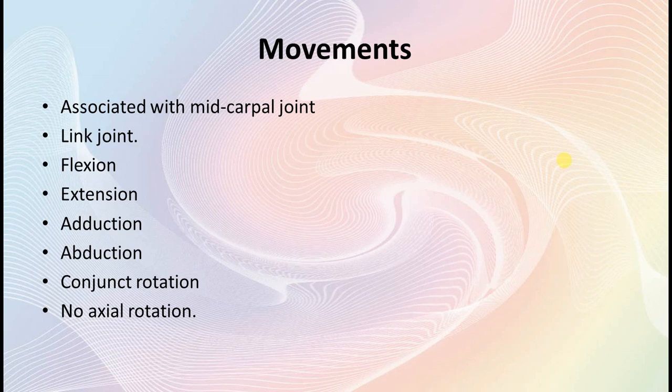It is a combination of conjunct rotation, that is the above movements will produce conjunct rotation. There is no axial rotation, which means there is no separate axis around which rotation takes place.